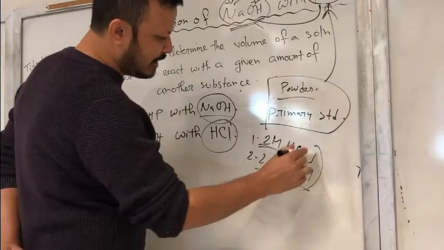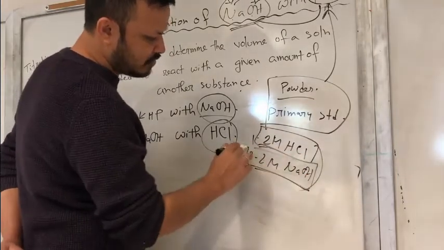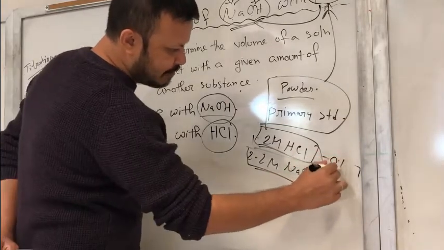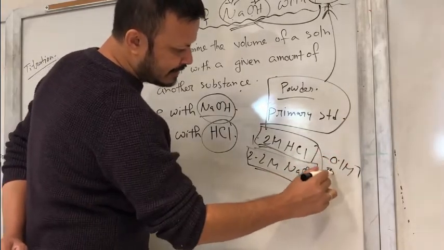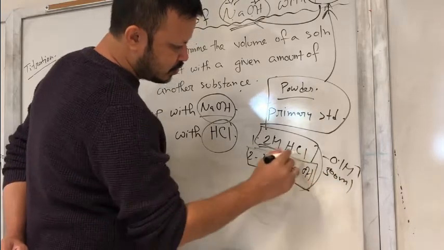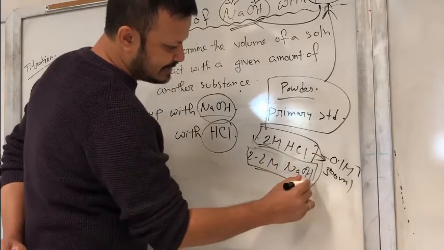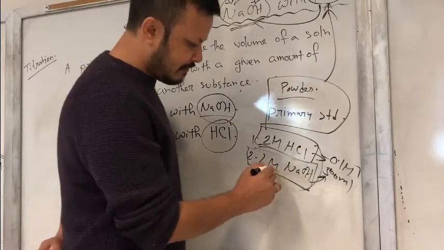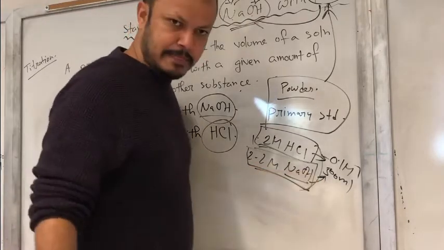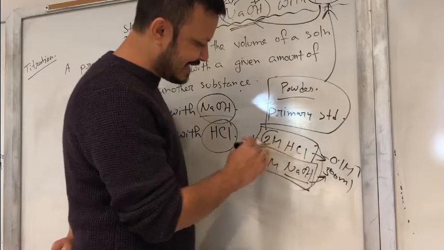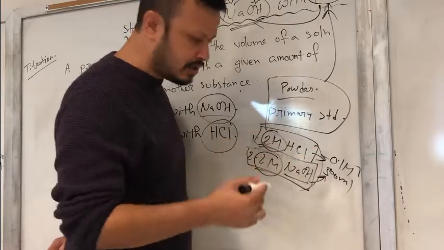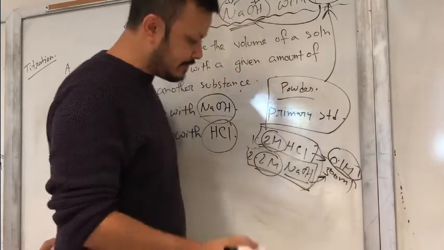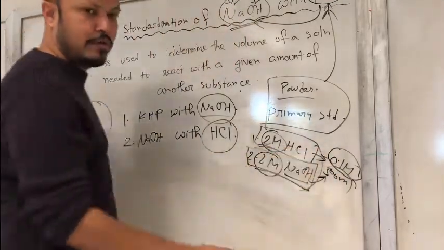From this 2 molar HCl and this 2 molar sodium hydroxide, you are supposed to make 0.1 molar, 500 ml HCl and the same 0.1 molar, 500 ml sodium hydroxide. Since the stock is around 2 molar, this concentration for both will also be around.